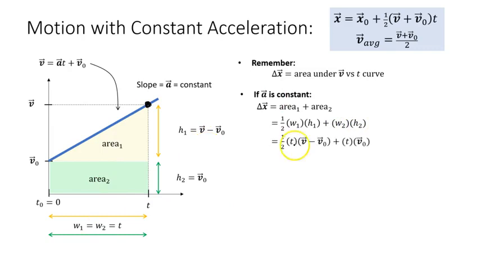So plugging in, W1 is T, H1 is V minus V naught, W2 is also T, and then H2 is V naught. I can go ahead and simplify that, and I get that delta x is equal to 1/2 (V plus V naught) times T, and this is true whenever the acceleration is constant. And I was able to get that just by simplifying the math.